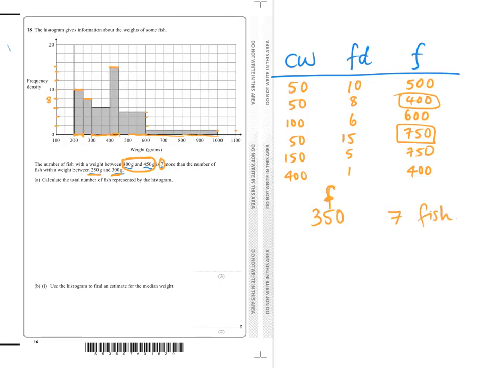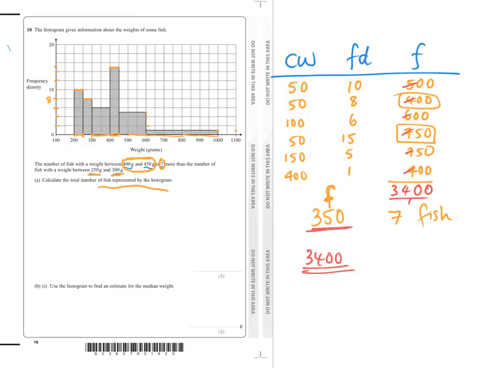So if we want to calculate the total number of fish, then I would add all these up on my calculator. I'm just going to do it by hand, it's probably going to be quicker. So we're going to have 0, 0, carry the 1, 5, 9, 15, 22, 29, 33, 34, so 3,400.